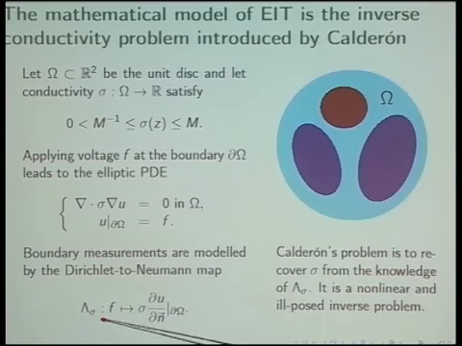The two-dimensional story starts from Nachman's breakthrough paper in '96. Later, the requirement of smoothness in the conductivity was reduced step by step until Kari Astala and Lassi Päivärinta showed that the Dirichlet-Neumann map uniquely determines even L-infinity conductivities.